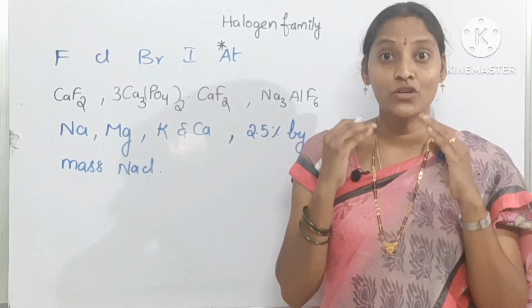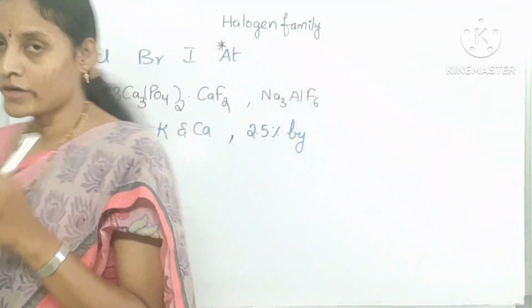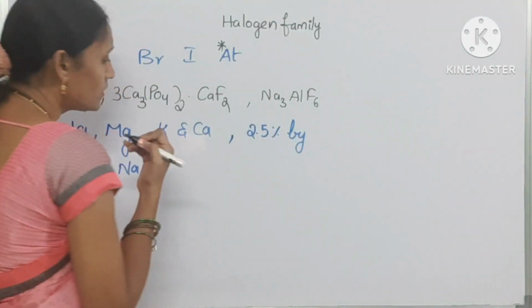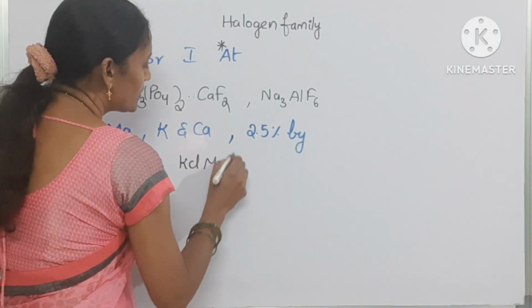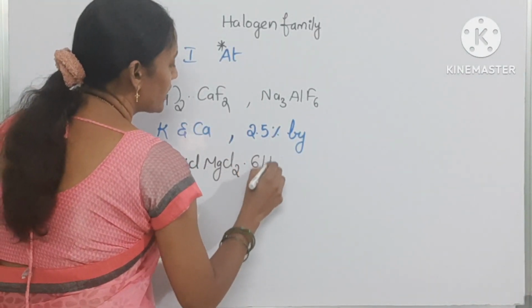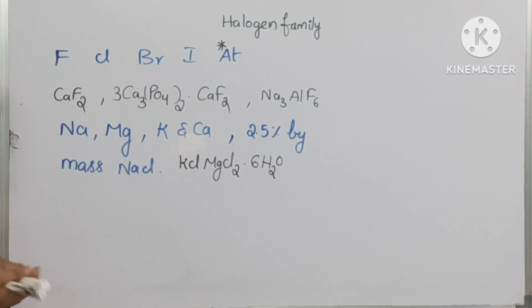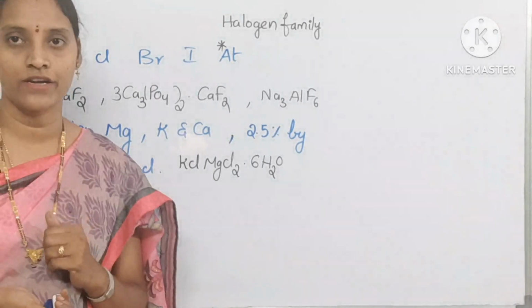In that deposit, especially chlorine we find in the form of NaCl, and another form is carnallite, KCl.MgCl2.6H2O. Mainly these two forms we can find in the dried up sea deposits.